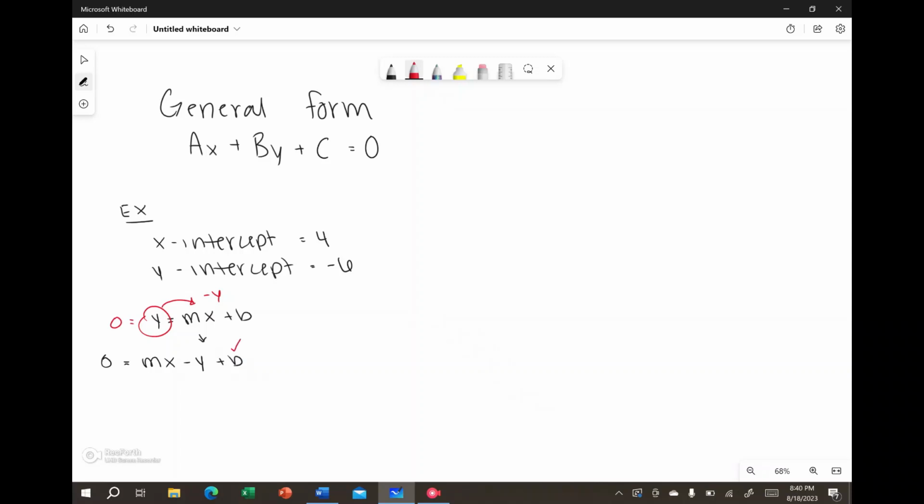So we know what the b value is, which is the y-intercept, and that's -6. We only have to solve for the slope. And we can actually do this because we're given the x and y intercepts as two coordinates. If I draw a diagram, the x-intercept is (4, 0) and the y-intercept is (0, -6).